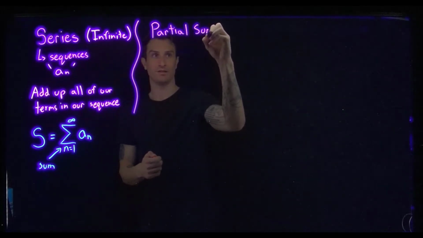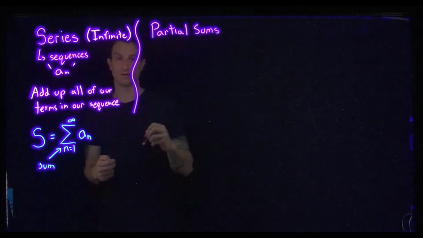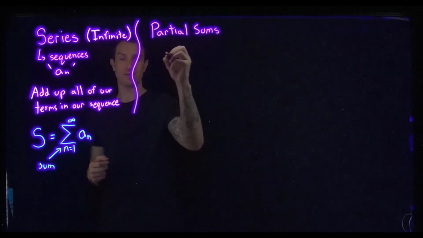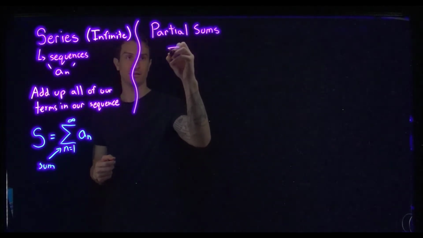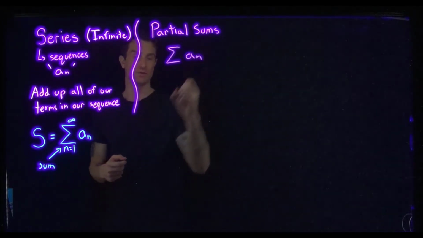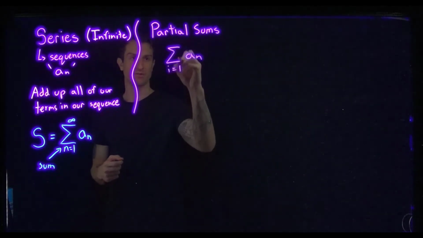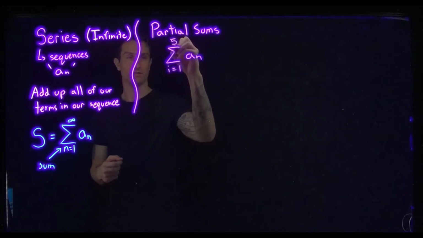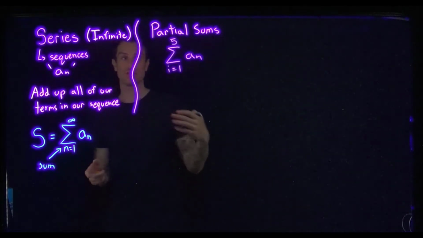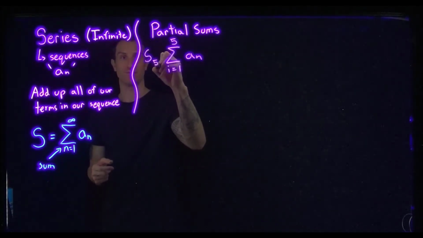Infinity is very scary, but this idea of partial sums says, maybe if I have some sequence a sub n, I just want to add up the first 5 terms. Just getting used to adding up terms here, this would be S sub 5.